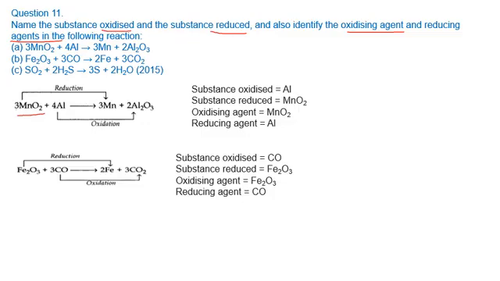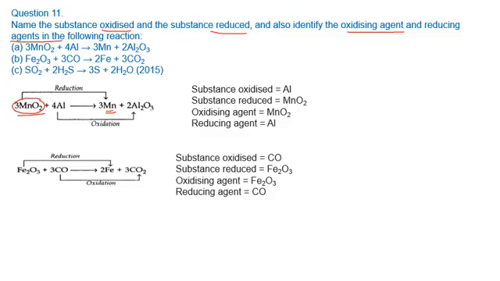In this case, manganese oxide, is it gaining oxygen or losing it? Yes, it has lost oxygen. So from manganese oxide to manganese, this is a reduction reaction, and MnO2 is an oxidising agent.